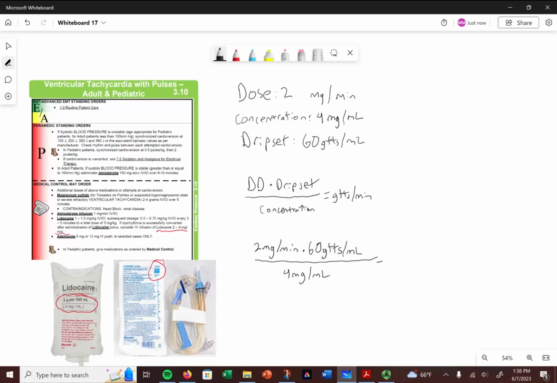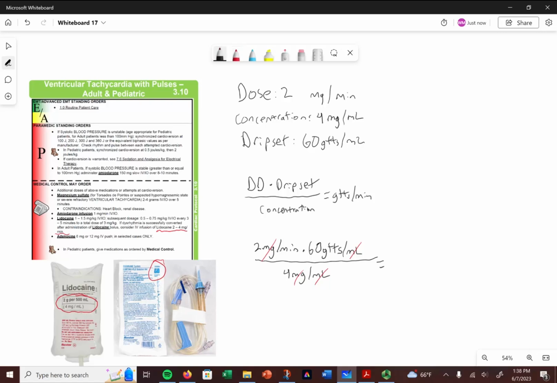Now, going to do my math out on this, but first, I can cross out the same like things in my equation. Milliliter and milliliter, milligram and milligram. And now I'm all set to do my actual equation.